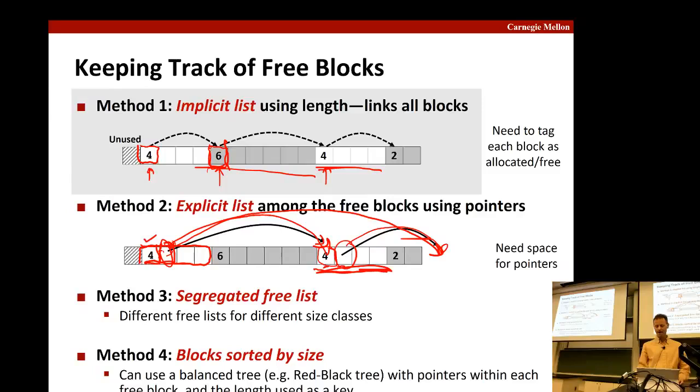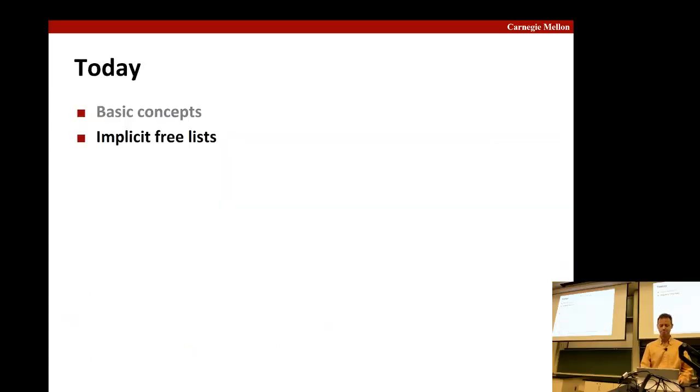That would get you, without the overheads of segregated free lists, the tightest fit to what you were looking for, but then there's all the overheads of search trees and so forth. But today again we're just focused on method 1.